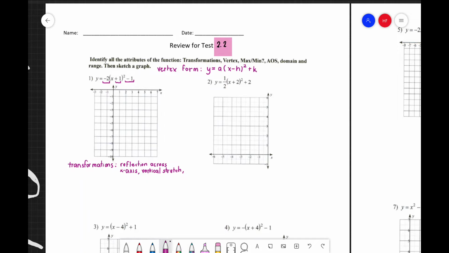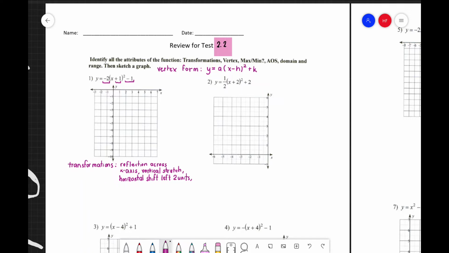Then we have that plus 1 on the inside with the x. Remember, with the h, we're taking the opposite. So since it is plus 1, we're moving to the left. So that is a horizontal shift left 1. And then we have minus 1 on the end.